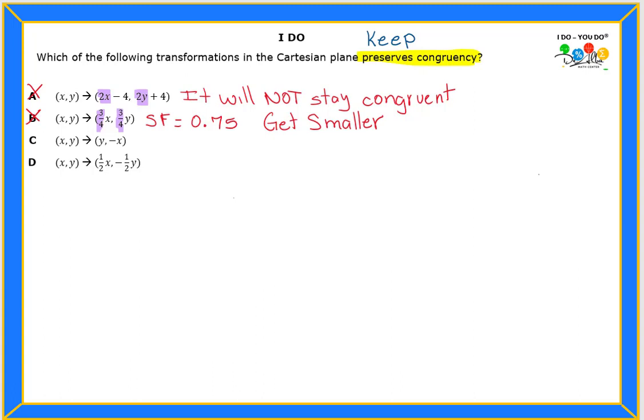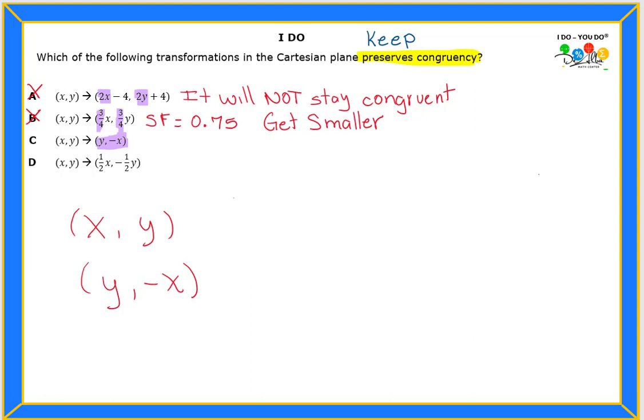What about letter C? What is happening on letter C? Well, it's changing from x to y and negative x. Okay, so what does that mean? Well, remember that anytime that I see that my x and my y switch places like that, you see how the x and the y became the y and the x?